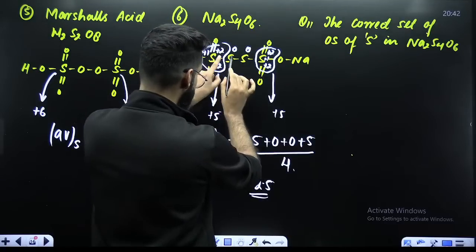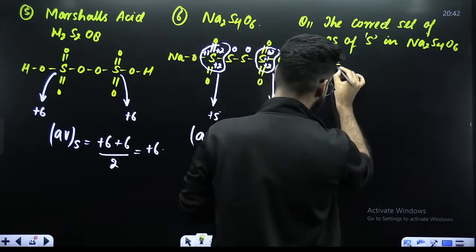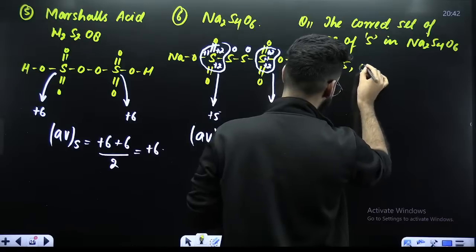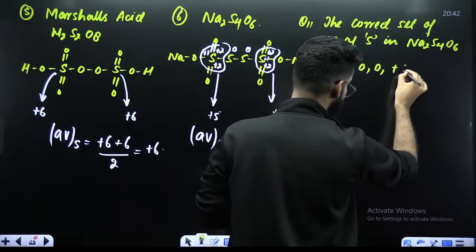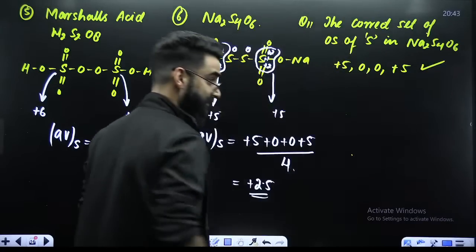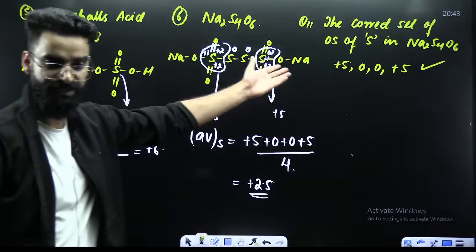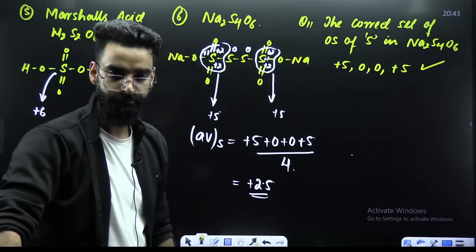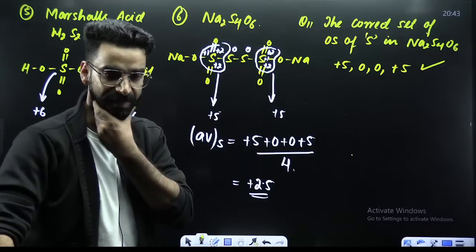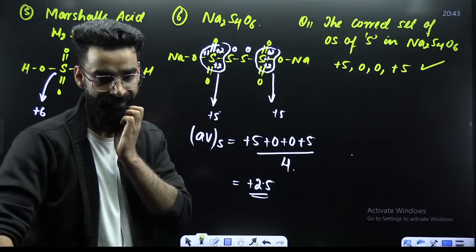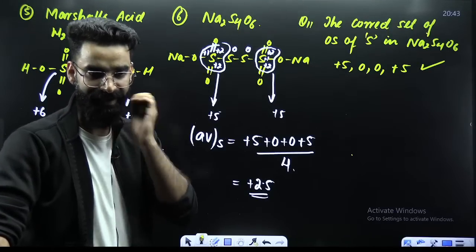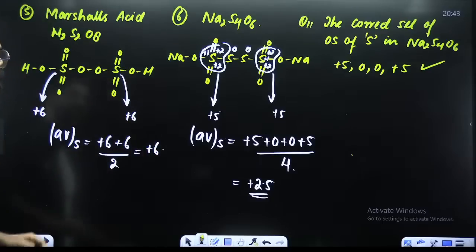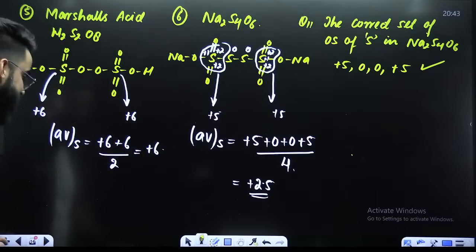It's going to be +5, 0, 0, +5. The correct set is going to be this one. Similarly, these 3-4 similar type of options were given, and this was the correct answer. Right, people? Am I clear till here? So this was your Na2S4O6, which was our sixth structure.